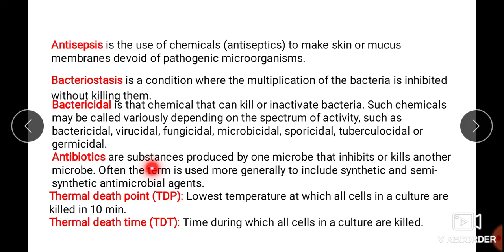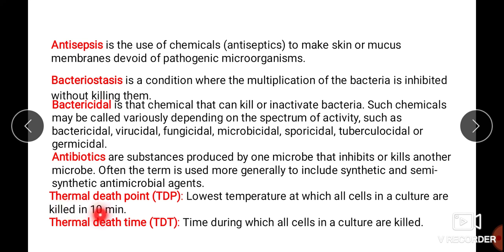It was discovered by the scientist Sir Alexander Fleming, and the producing organism for this antibiotic was Penicillium notatum, a fungus, and this acts on gram-positive bacterial pathogens. Antibiotics are substances produced by one organism that inhibit or kill another microorganism.